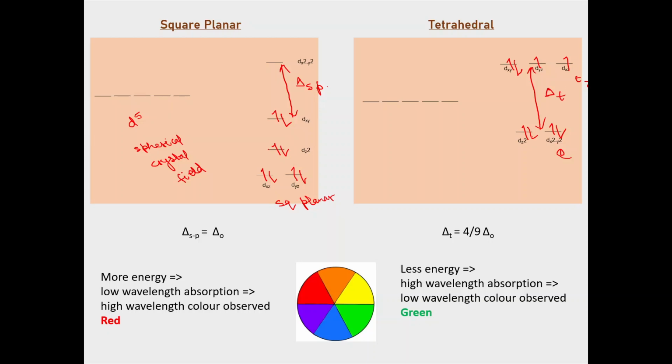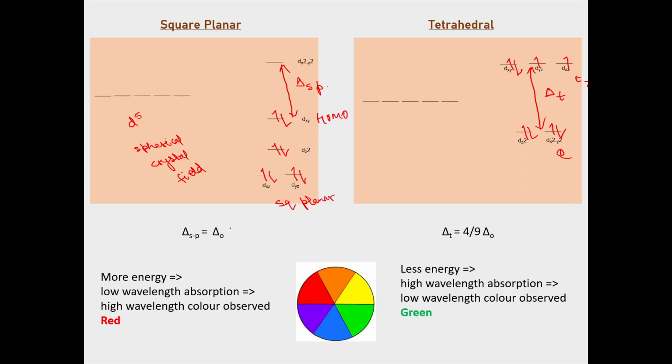In this case, the transition is that one electron from here gets transited to one of the T2 orbitals. And in this case, we are getting the red color because of the transition of one electron from this HOMO, that is dxy, to dx square minus y square.